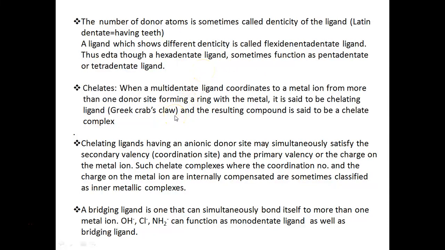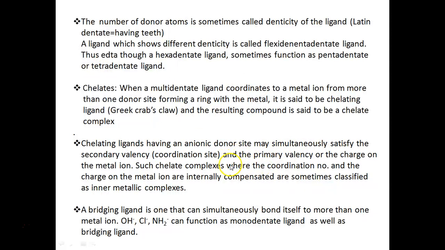Chelates. The word comes from the Greek word chela, which means crab's claw. Similarly, when a ligand is bound to the metal, it forms rings, and that ring is known as the chelate ring. Now, chelating ligands having an anionic donor site may simultaneously satisfy both the secondary and the primary valency.